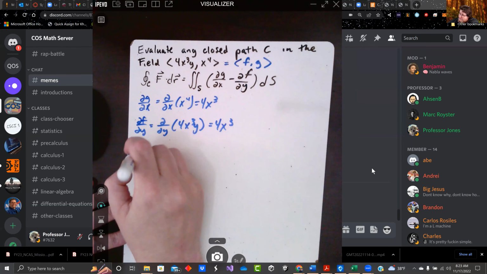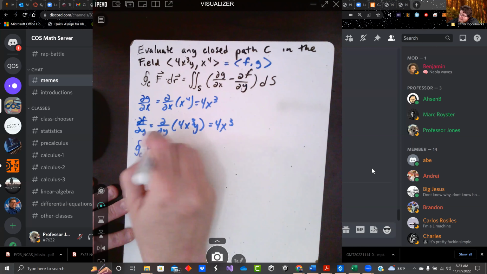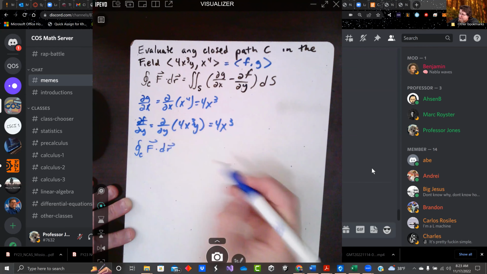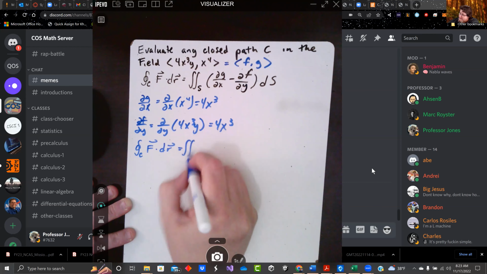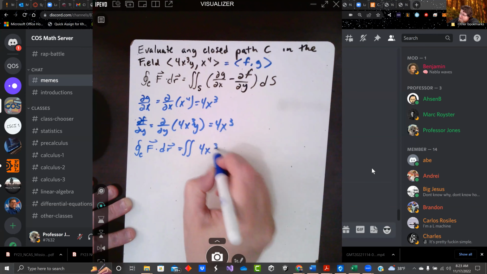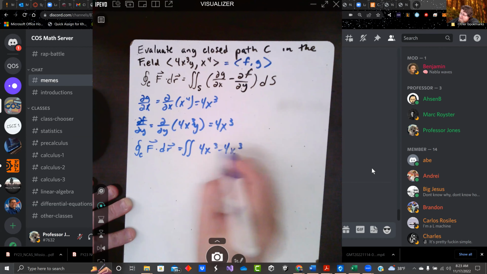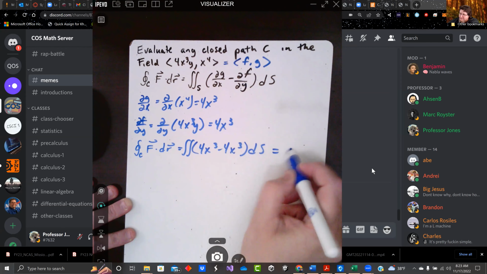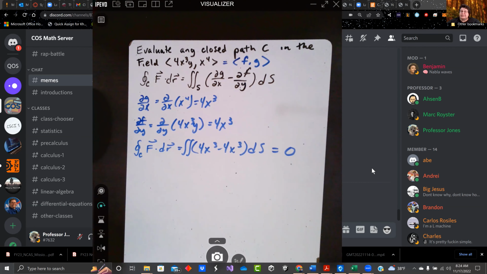Which means the closed loop integral in that vector field, without defining the loop, is the integral of 4x cubed minus 4x cubed dA, which is 0. Oh, that's it? Okay, awesome.